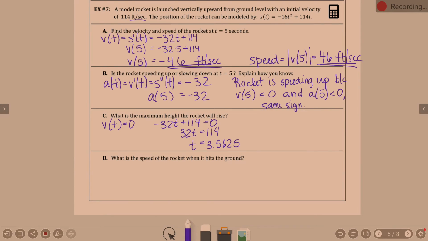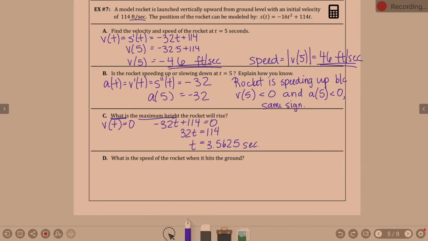Now, what is that 3.5625? That's t. That's time. That's seconds. What was the question? Maximum height. So if I answered the question, I've answered when does the maximum height occur. This question is asking what is the maximum height.